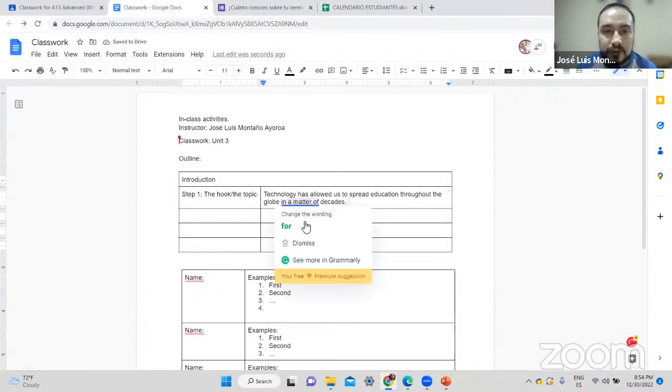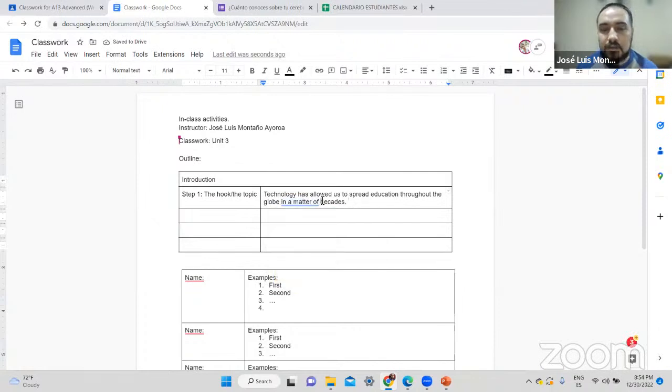That to me is something for decades, not in a matter of decades, that's something different. I believe that can be catchy for some people, and here you can try to analyze that my main topic could be technology, and could be education, and a mix of both. And perhaps I'm going to talk about, again, virtual education or e-learning or something like that.